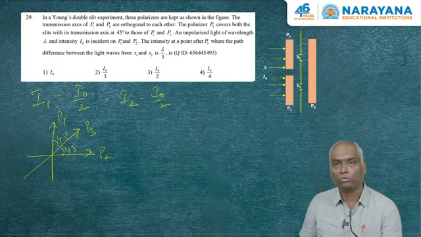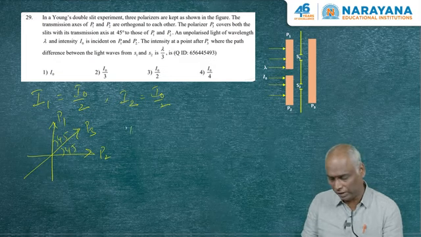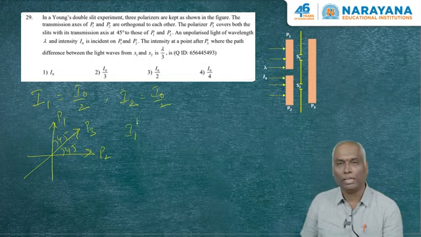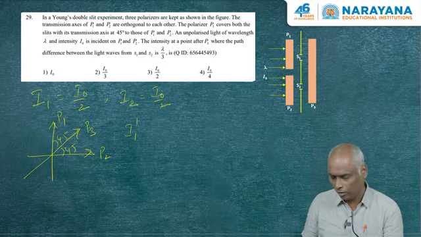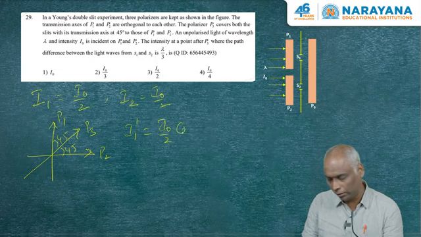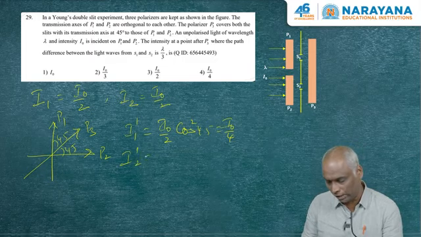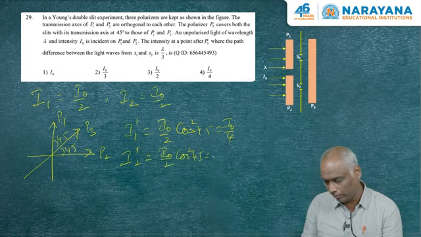For the light coming out from P3, if I imagine the intensity I1 dash due to the light from P1 and I2 dash due to the light from P2, then according to the Malus law, I1 dash equals I0 divided by 2 into cos square 45, which is I0 divided by 4. Similarly, I2 dash equals I0 divided by 2 cos square of 45, which is again I0 divided by 4.